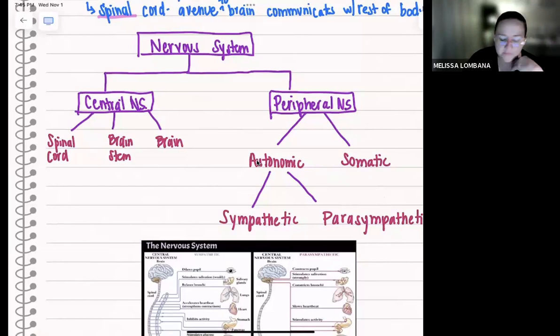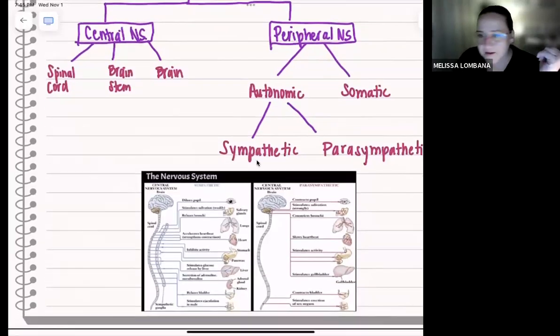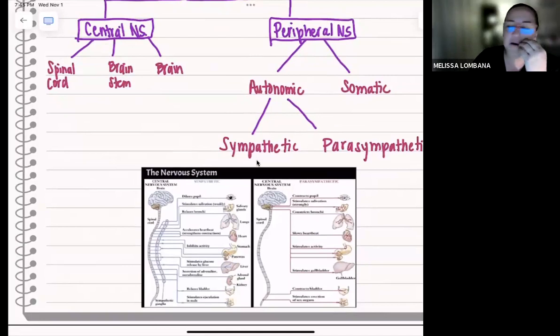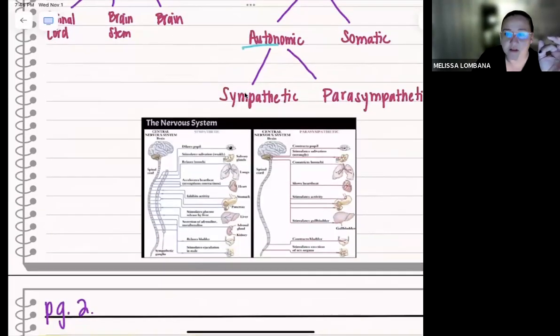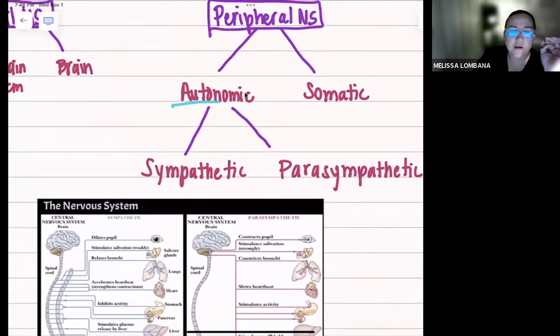Now the main one, the one we talk about a lot, is the autonomic. And if you notice, the word auto is in there, so I always think of something that is automatic. That's very important because this is the one that controls involuntary bodily processes.